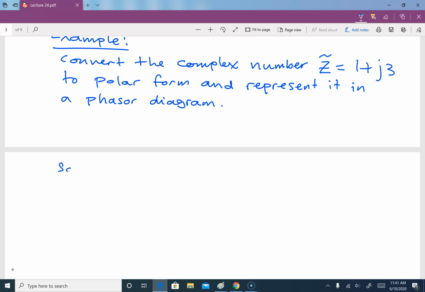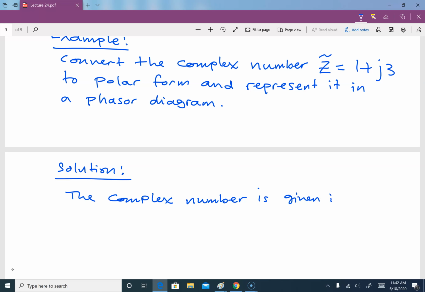So this is our solution. The complex number is given in rectangular form.